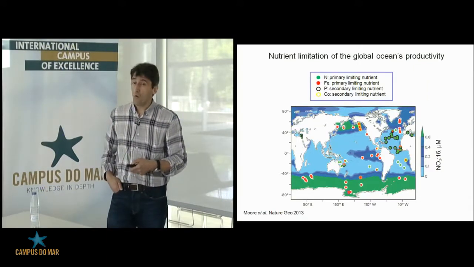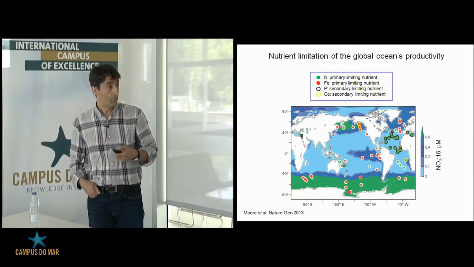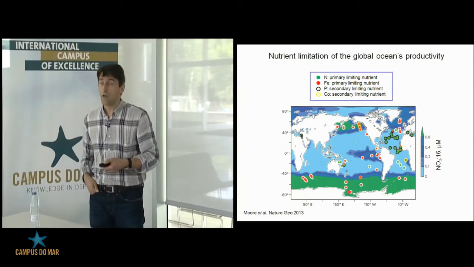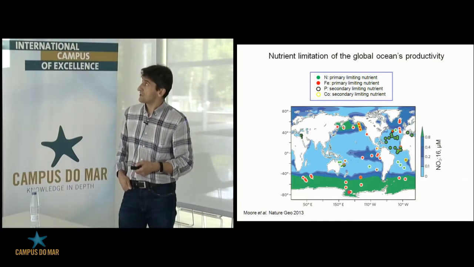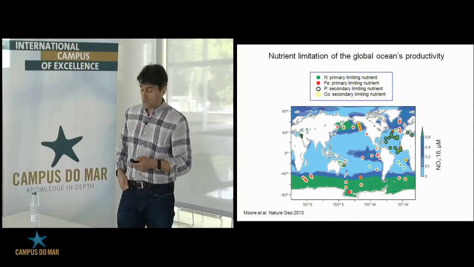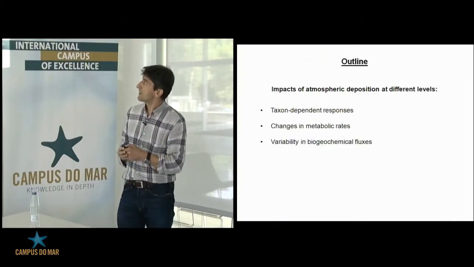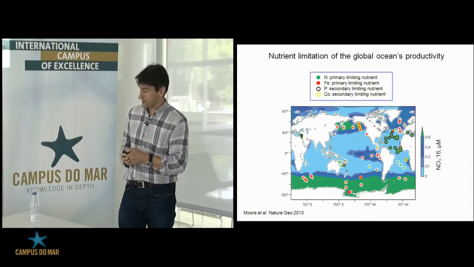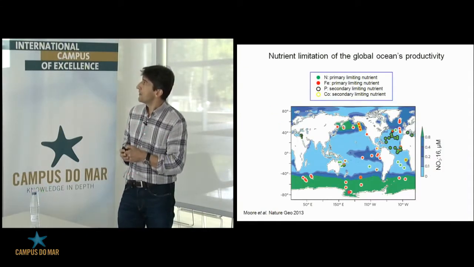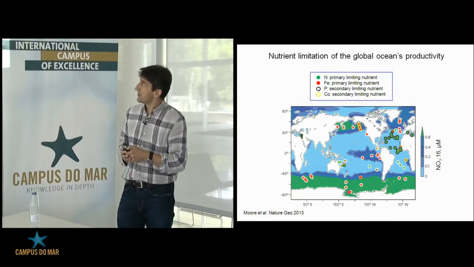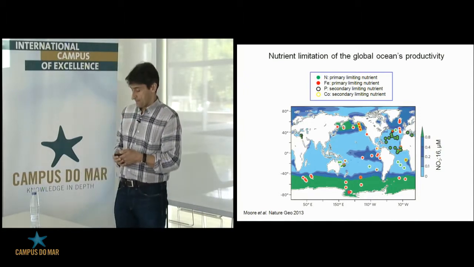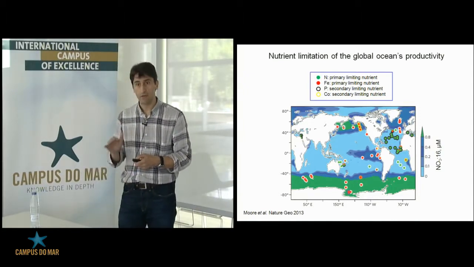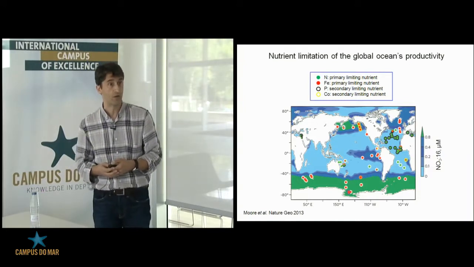We know this for a fact because bottle incubation experiments and in situ nutrient addition experiments have indicated that nitrogen, which is the green circle there, is limiting these subtropical gyres, whereas iron, as I was mentioning, is typically limiting in the HNLC waters. So basically, that's the background to the story.